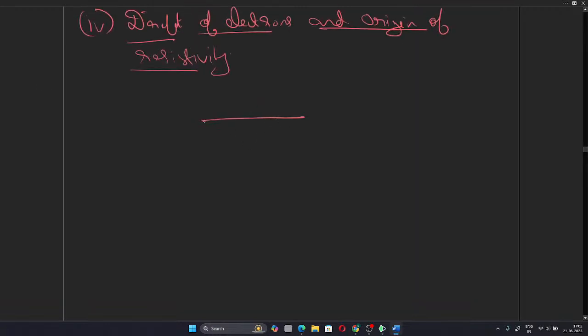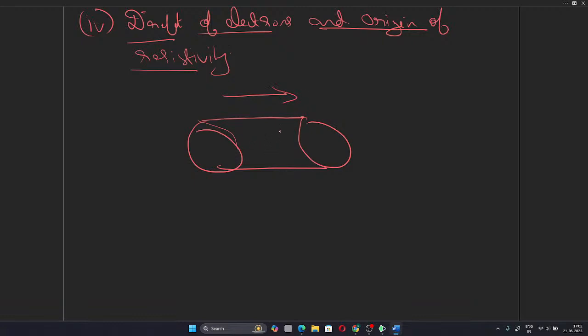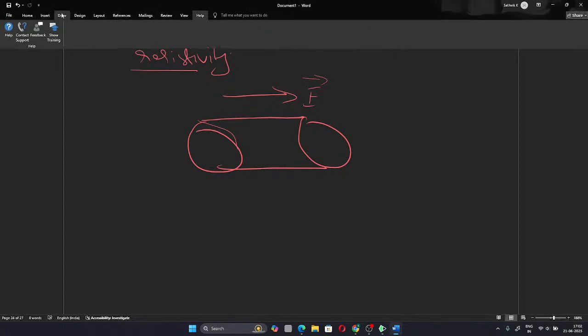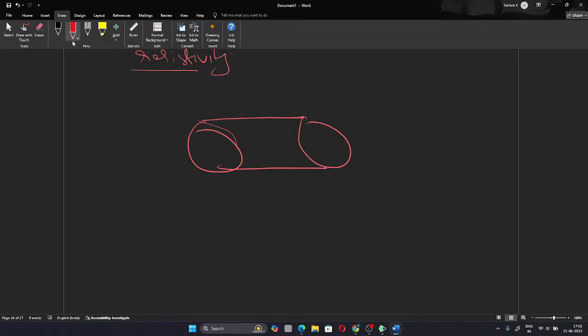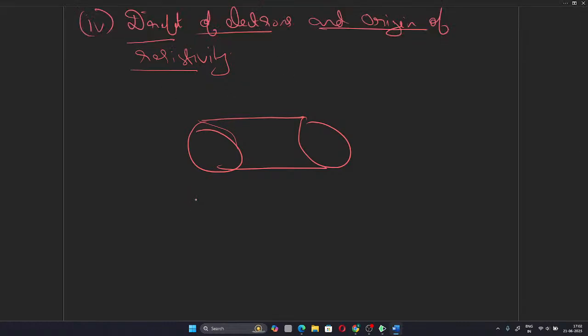If we take a conductor with an electric field, normally without an electric field, let's assume without electric field, we saw that the total net velocity of all the electrons will be 0. We know this. This is when there is no electric field.